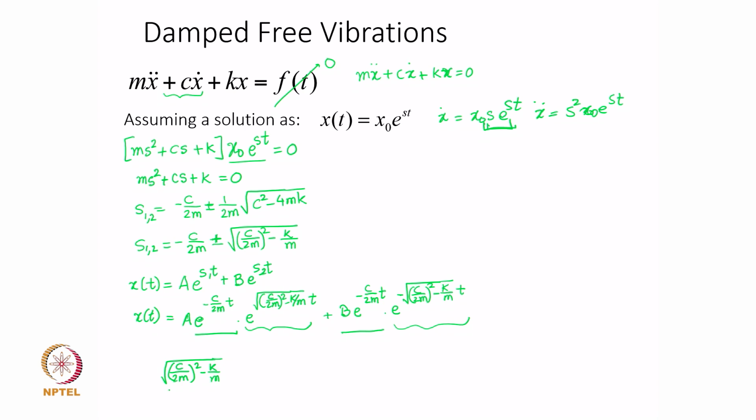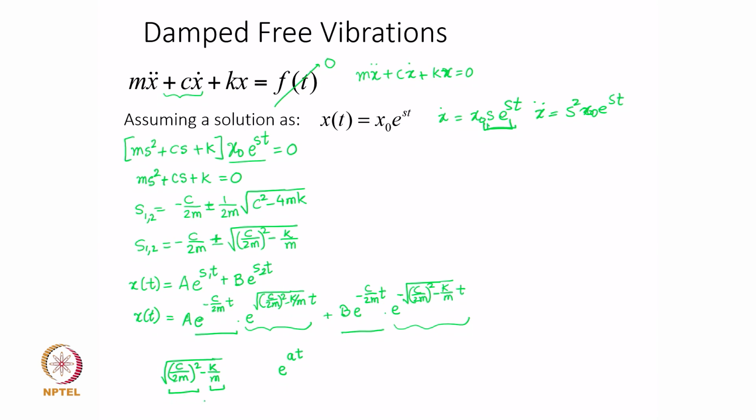If this term is greater than this term, then what? It is a positive value. So, e to the power a t, that is how the term will look like, right.